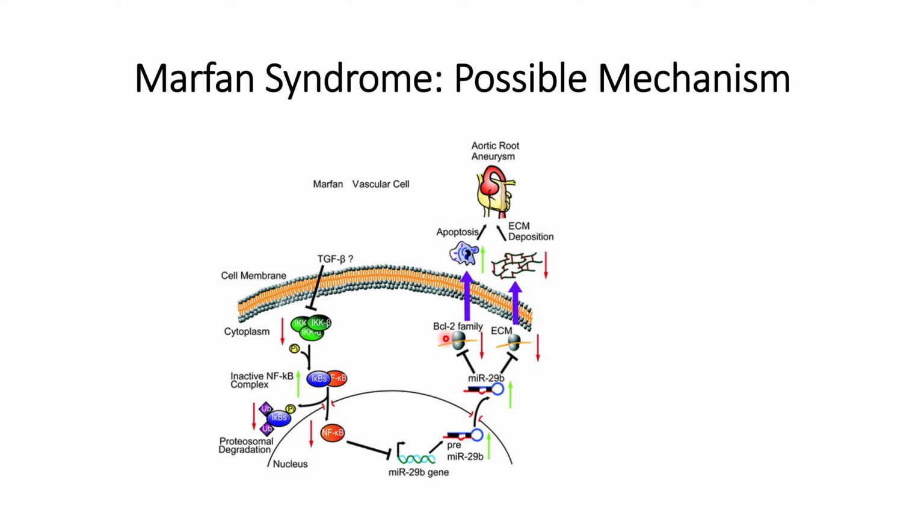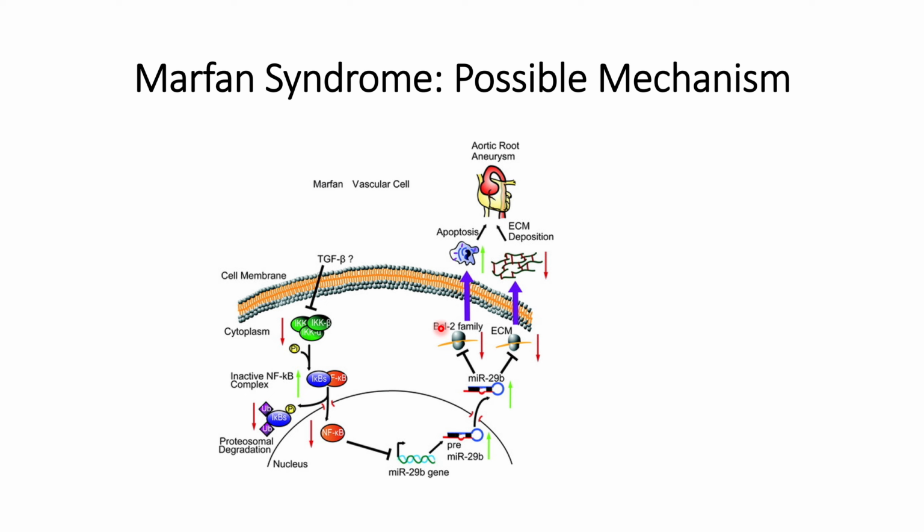However, the complete details about this mechanism are not yet known. It has been hypothesized, based on mouse cells. What has been observed is that in Marfan syndrome, the amount of IKK alpha and beta is found to be decreased, and simultaneously MIR29B gene expression is found to be increased.